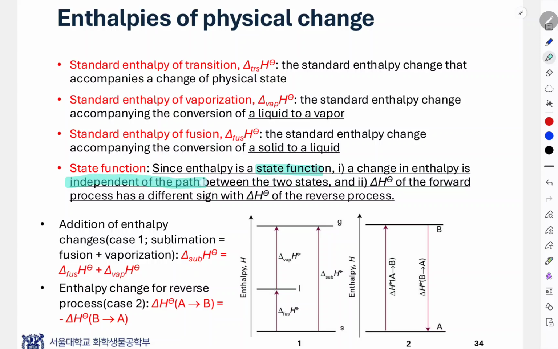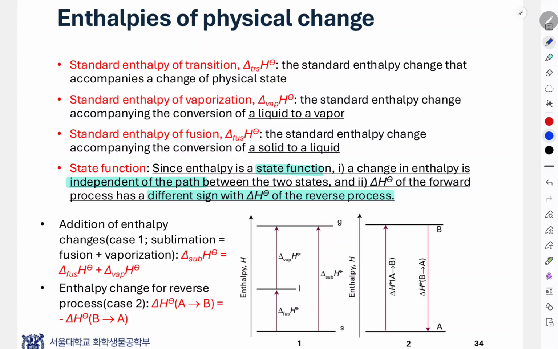And second, the enthalpy change of the forward process has the opposite sign to that of the reverse process. So let's see this figure. By the first property, as enthalpy is a state function, the same value of enthalpy change will be obtained however the change is brought about between the initial and final state.